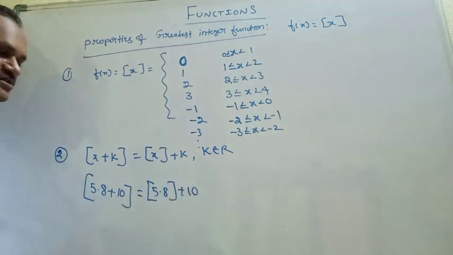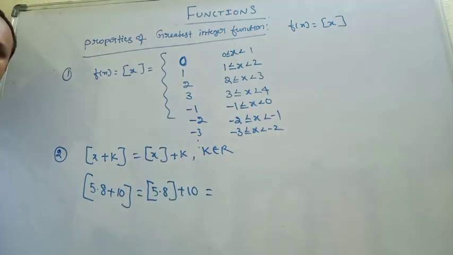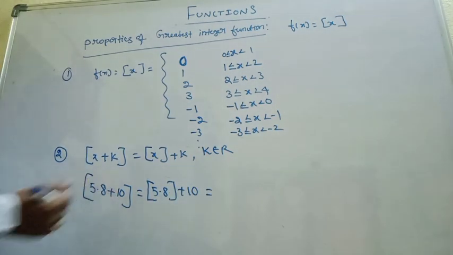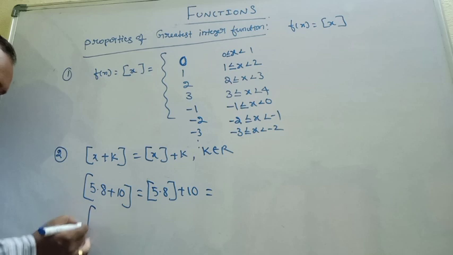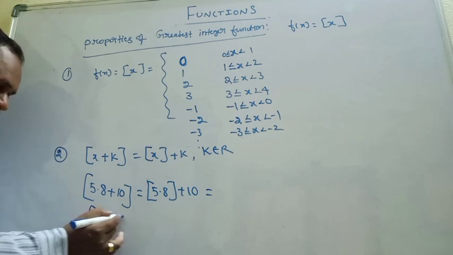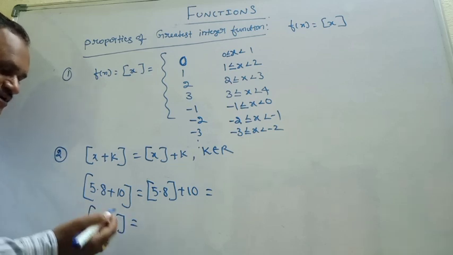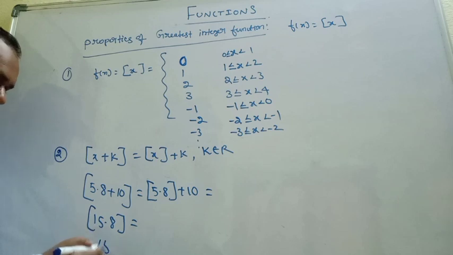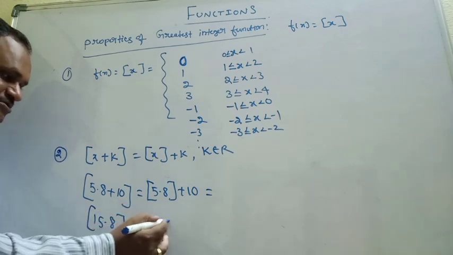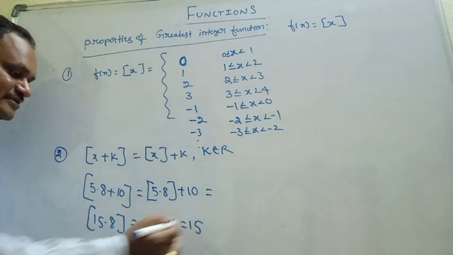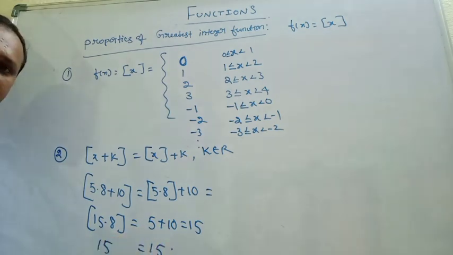I can write this as step of 5.8 plus 10, which is step of 15.8. This value is 15, since 5 plus 10 is 15. This is the second property.